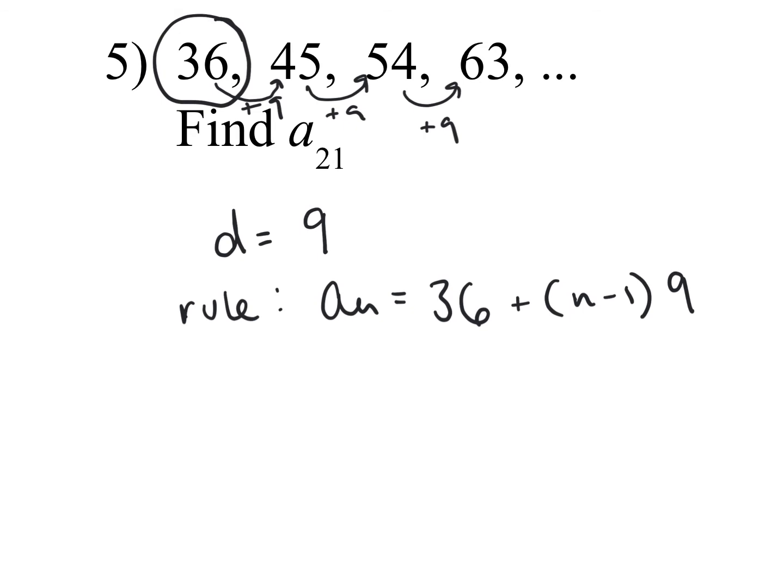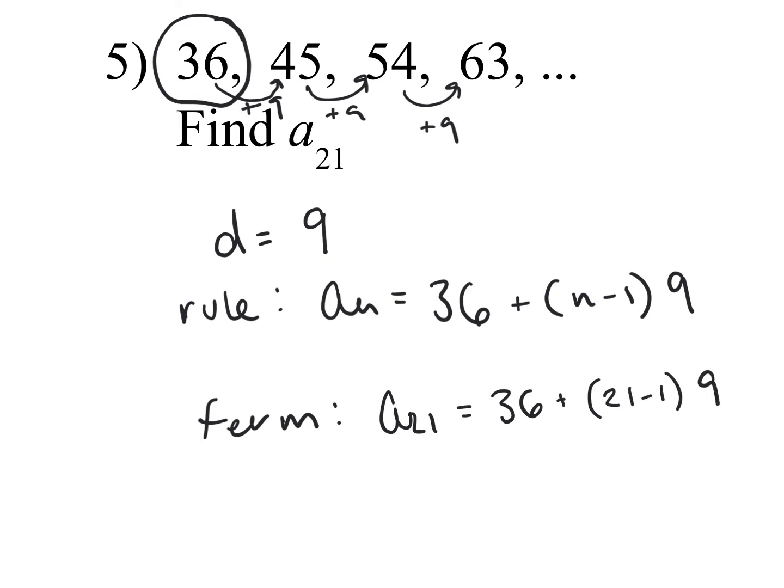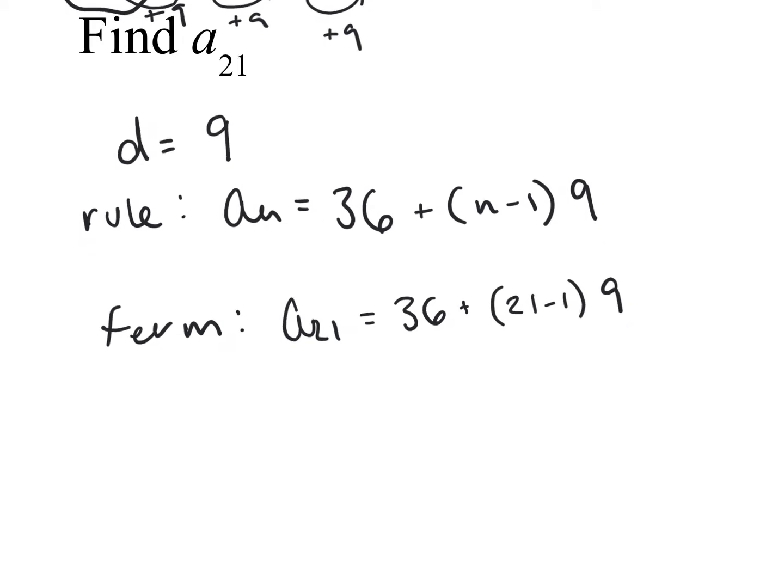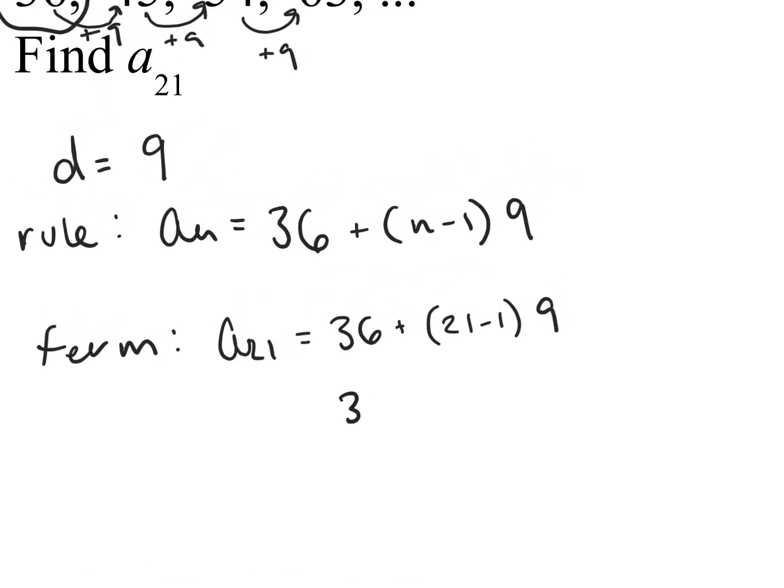And then next we find our term. So we're going to plug in 21. So we have a sub 21 is equal to 36 plus 21 minus 1 times 9. So 21 minus 1 is 20. So 36 plus 20 times 9. 20 times 9 would be 180.